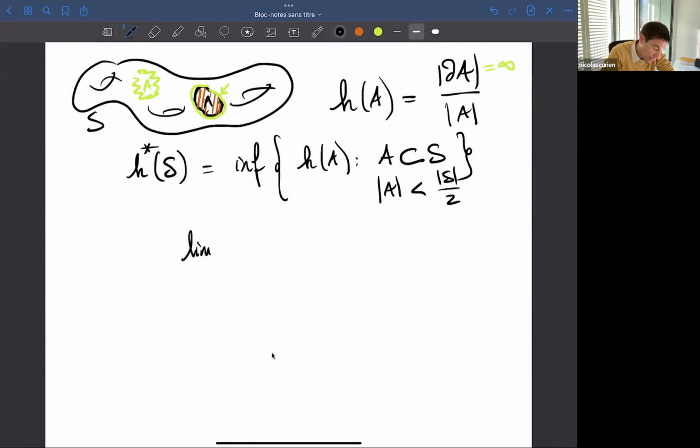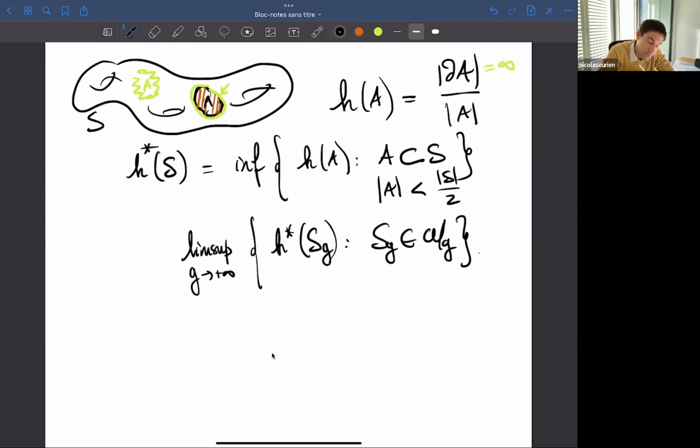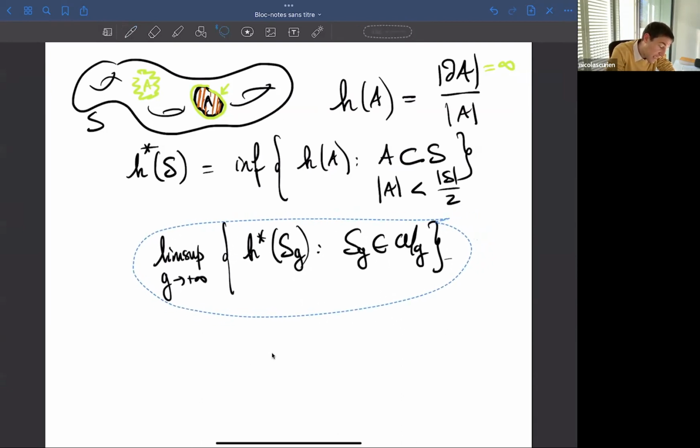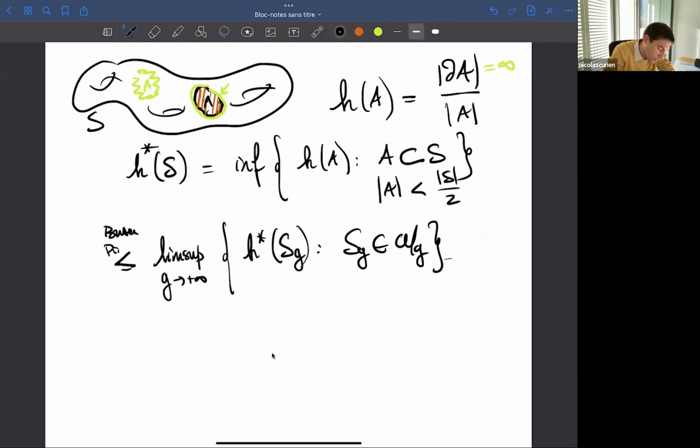Okay, same question. What is the limsup when g goes to infinity of the Cheeger constant of a hyperbolic surface S_g, where S_g lies in the moduli space M_g? We're interested in that. Same story. Buser, Margulis, and so on tell you that this is more than some positive constant.